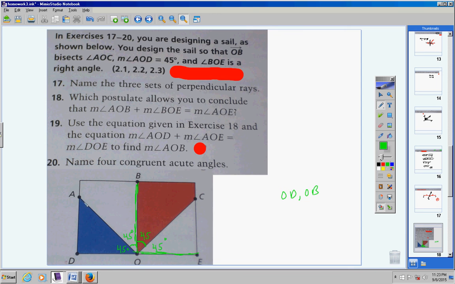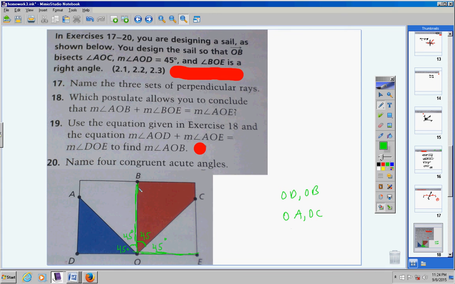Now, look at this. Angle AOC. That angle right there has to be 90 degrees, because this is 45 and this is 45. So that whole angle there has to be 90. So if that's the case, then that tells us that this line here and this line here are perpendicular. So those rays would be called what? Ray OA and ray OC. So OA, comma OC.